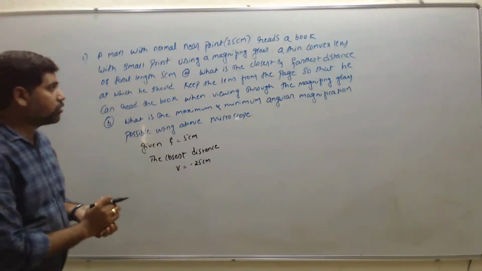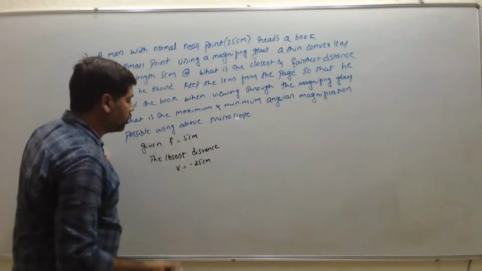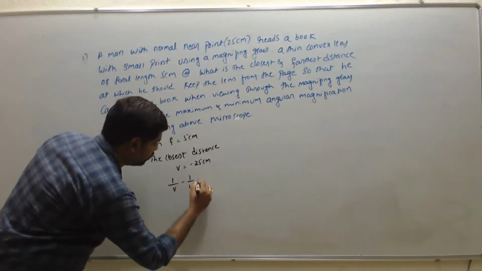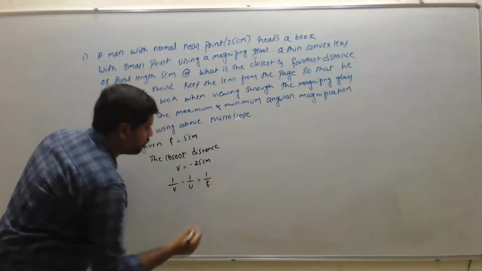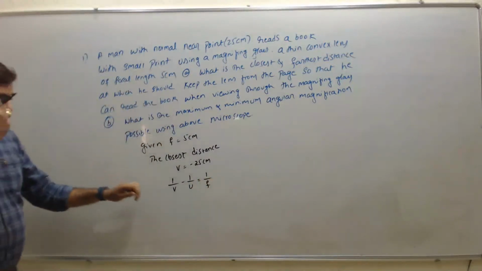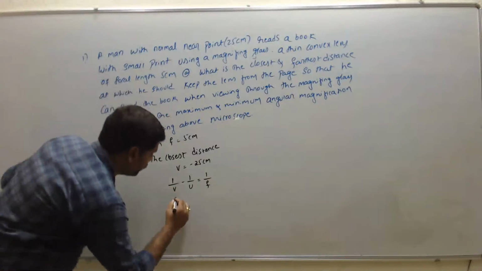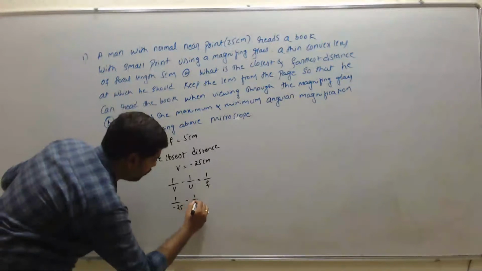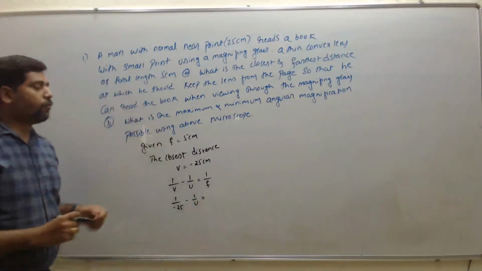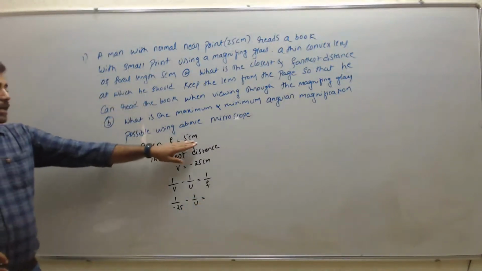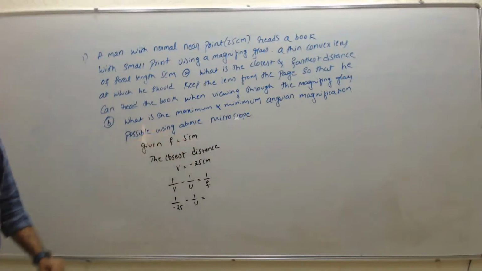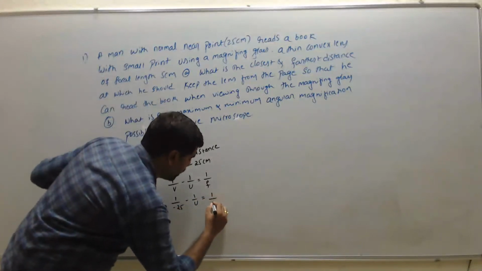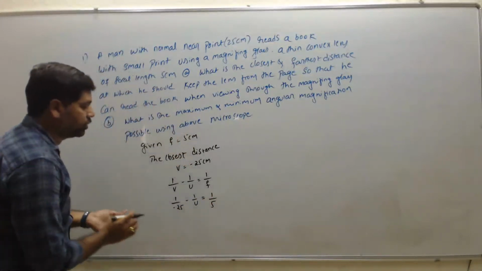Then from the thin lens formula for a convex lens, 1 by v minus 1 by u equals 1 by f. So here 1 by v is minus 1 by 25, minus 1 by u, and the focal length given is 5 centimeter, so it is 1 divided by 5.